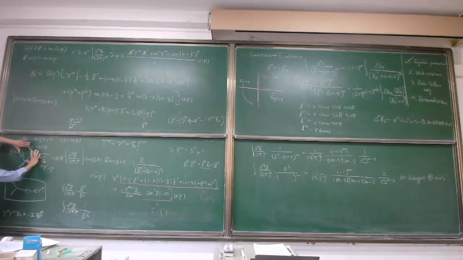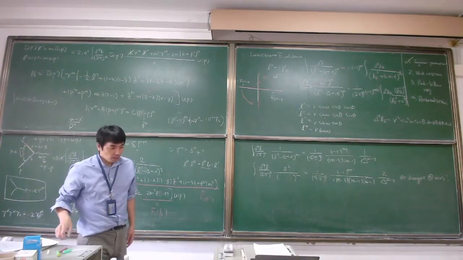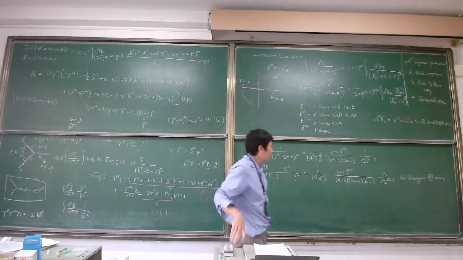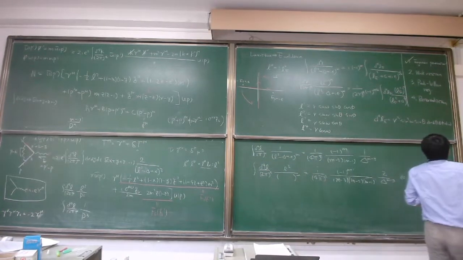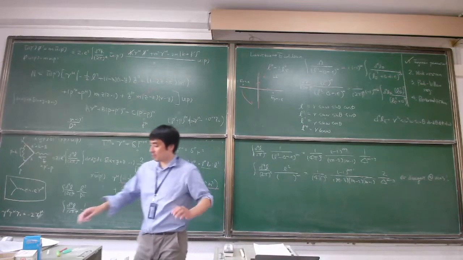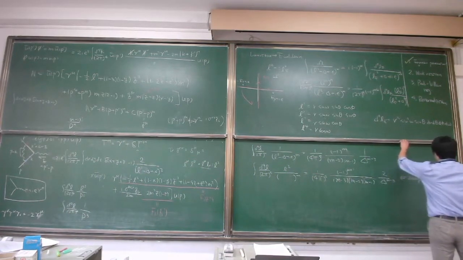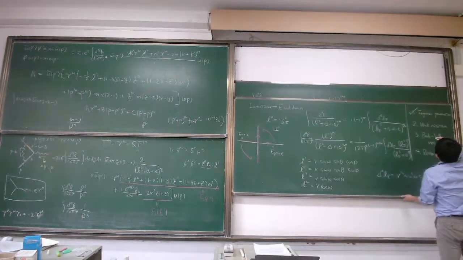This loop becomes really small, and then it becomes high energy momentum. So this divergence really comes from the high energy momentum. So now we finish number 2. Number 2 is quick.